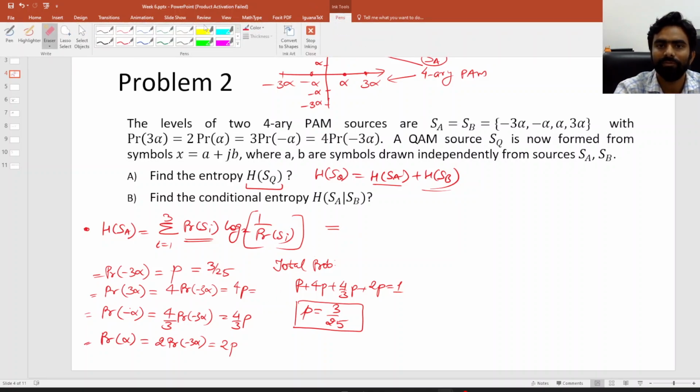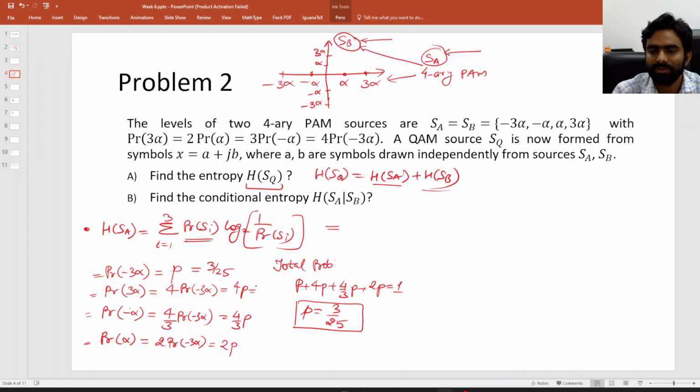By putting the value of P in this equation you will get 12 by 25. Here 4 by 3 into 3 by 25 gives 4 by 25. And here 2P, that is 6 by 25.